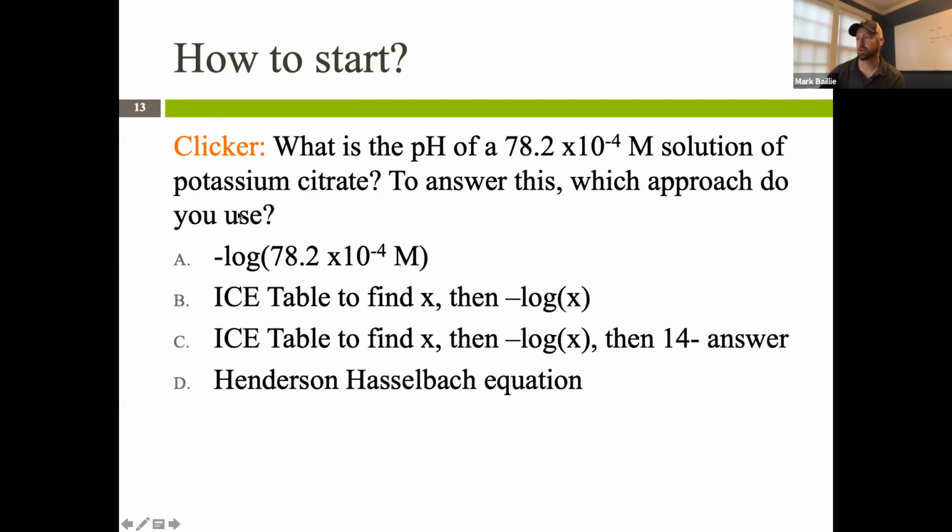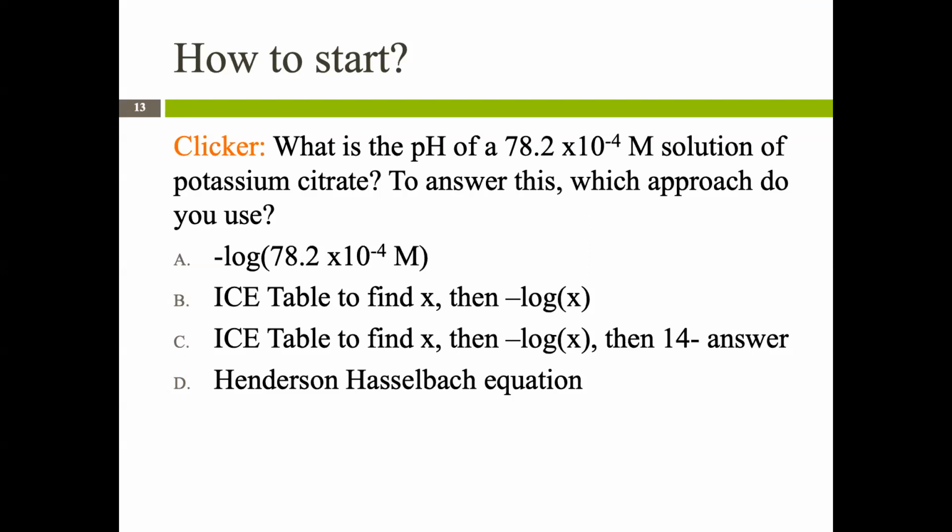Can you explain why someone might pick the answer C? I thought that potassium citrate would be basic in solution. Why would you say that? When you separate potassium citrate into ions, you get the potassium ion and the citrate ion, and potassium's neutral in solution. So I just guessed that the citrate would be basic.